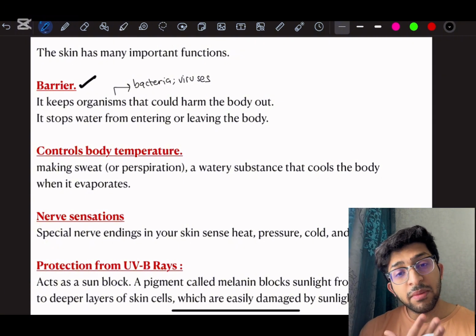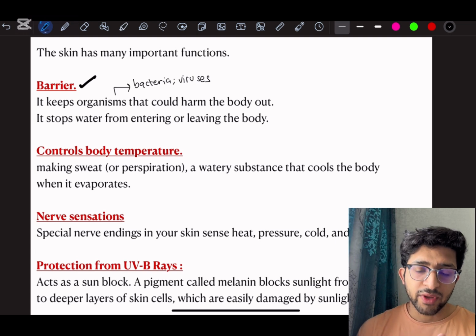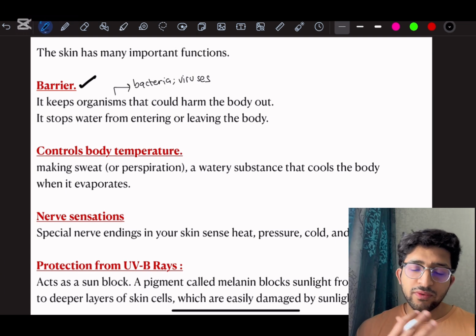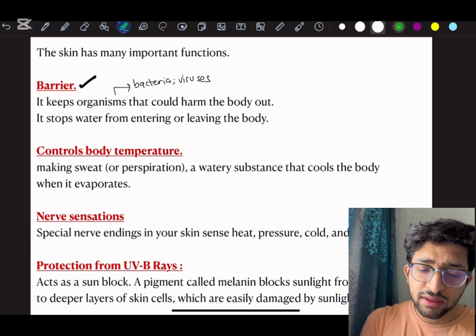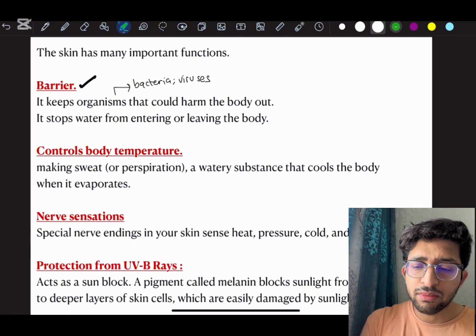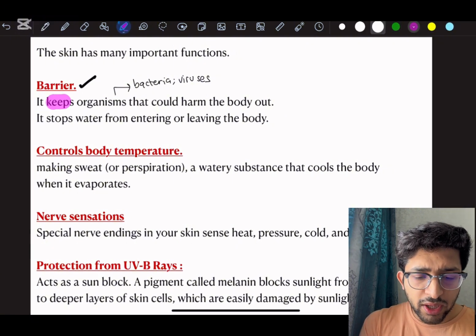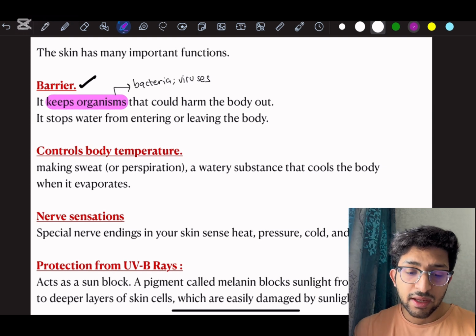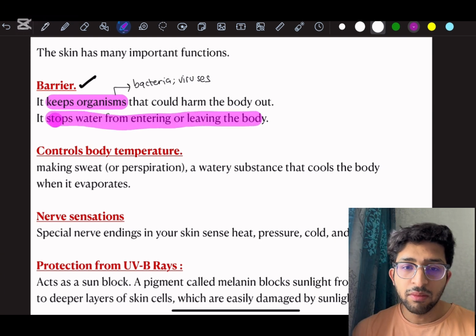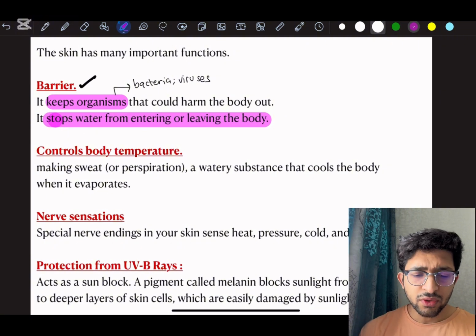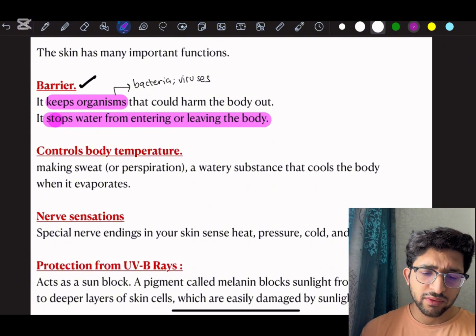So it is the primary defense of our body, right? It protects from organisms, and it also stops water from entering or leaving the body.